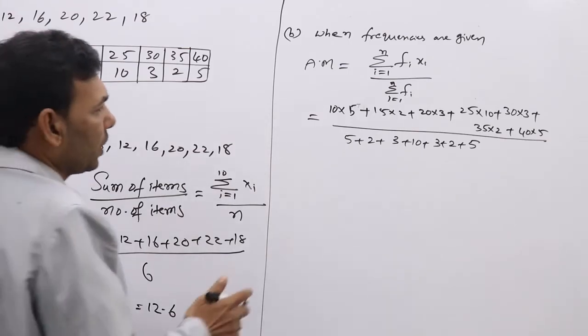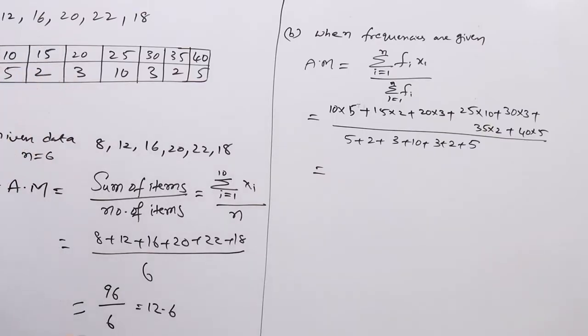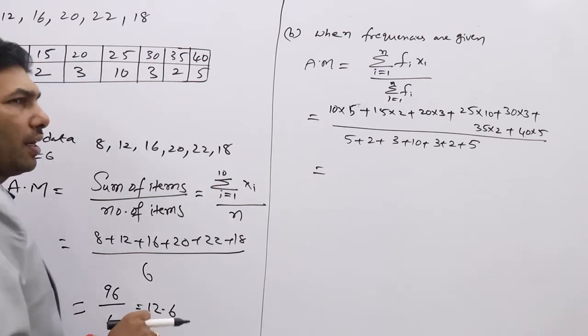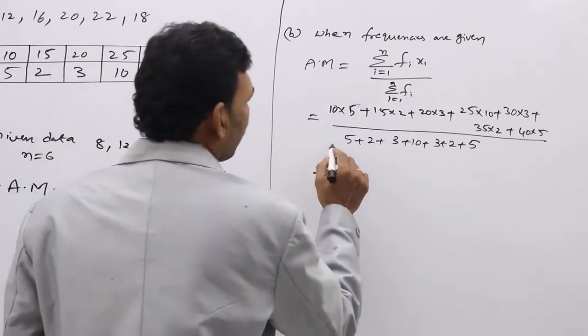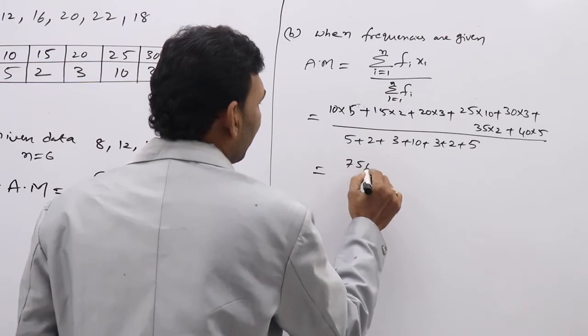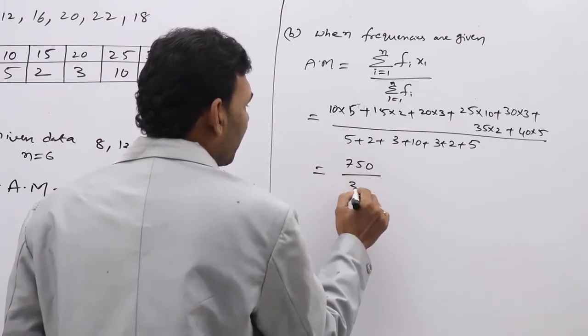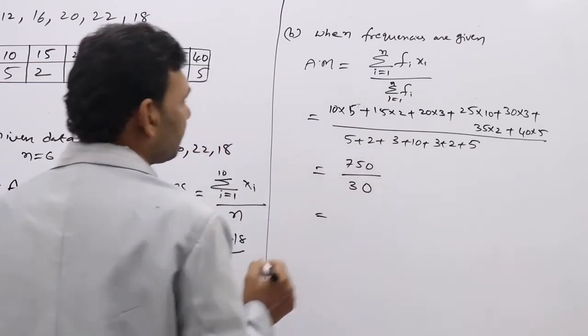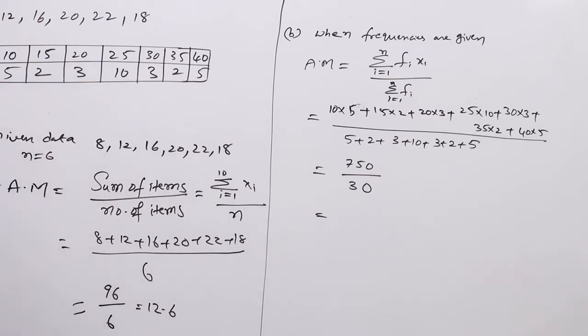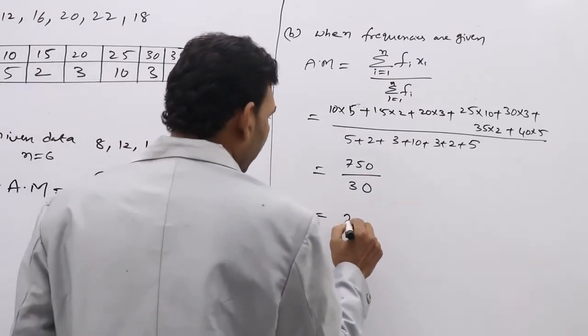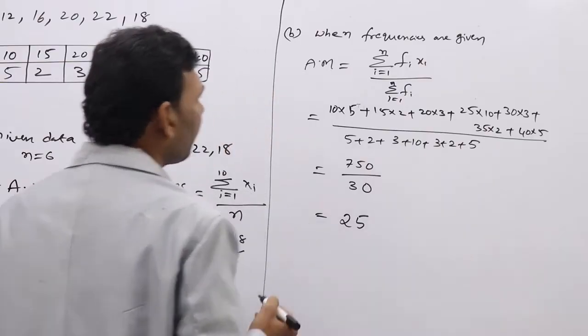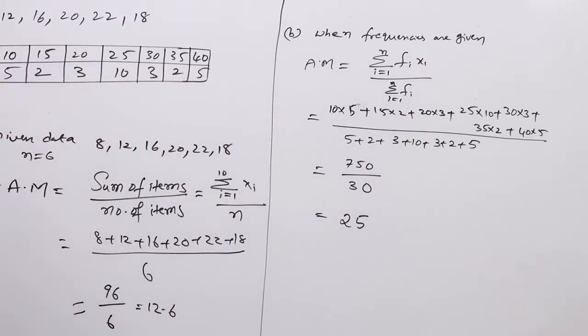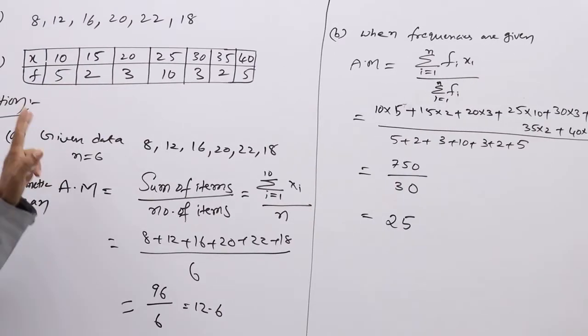Use your calculator to get the numerator and denominator values. The numerator you will get is 750, the denominator is 30. The zeros cancel, and you will get 25. 25 is the arithmetic mean of the given data for the second bit.